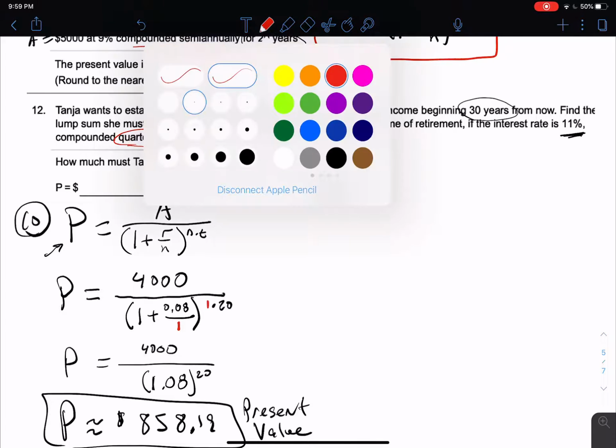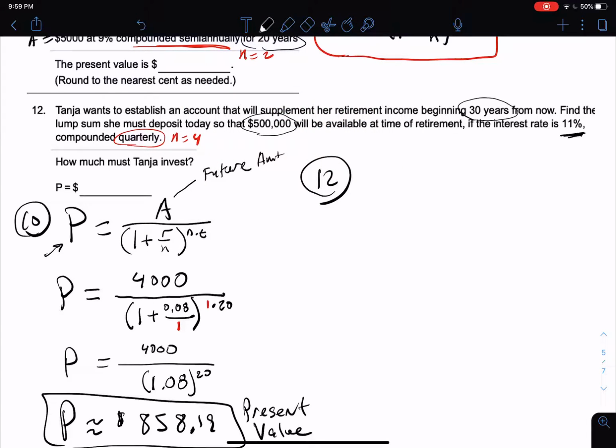All right, let's do it. This is definitely a present value, meaning how much money do I need right now to throw into an investment for 30 years to make $500,000, compounded quarterly at 11%.